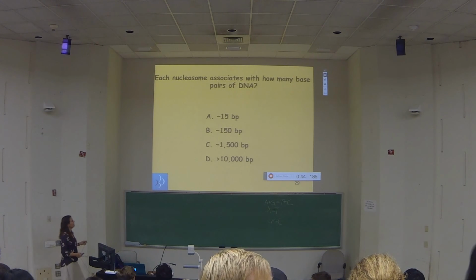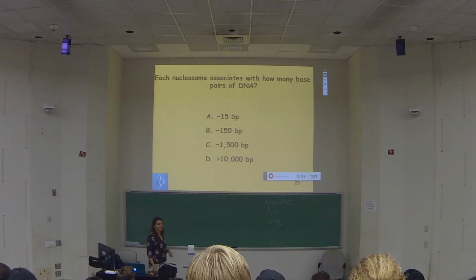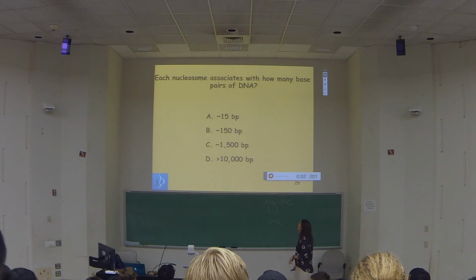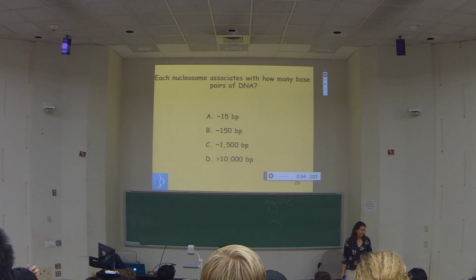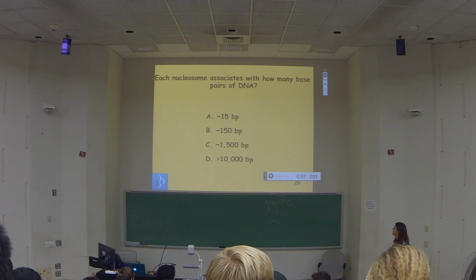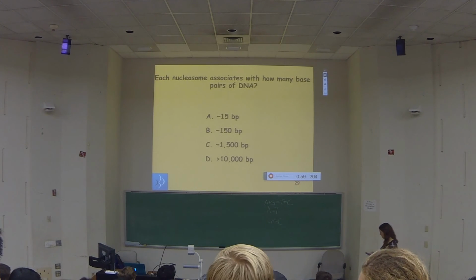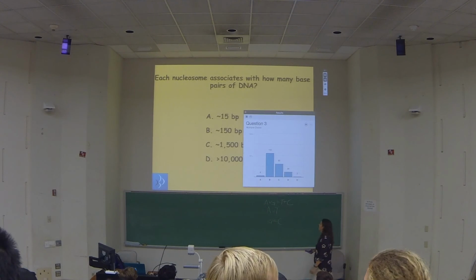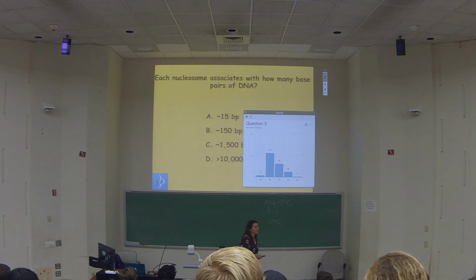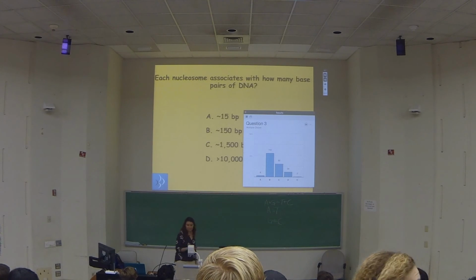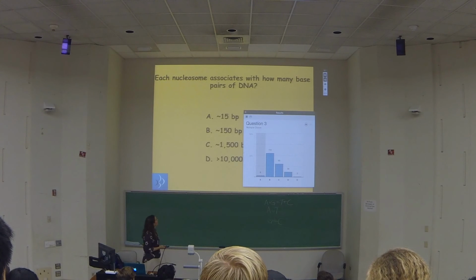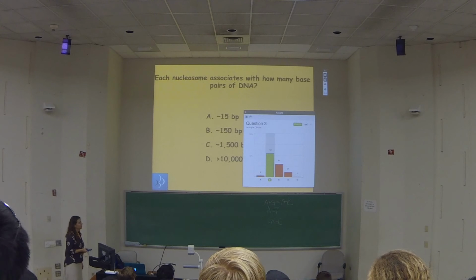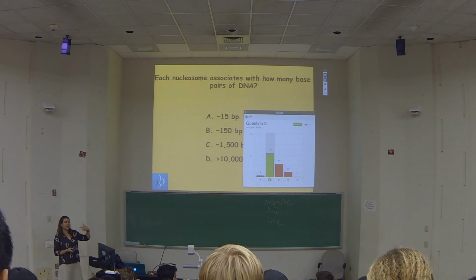And get your answers in. Let's take a look. All right. So a bit of confusion, not sure. The answer is 150 base pairs. All right, it takes 150 base pairs to wrap around that set of 8 proteins.